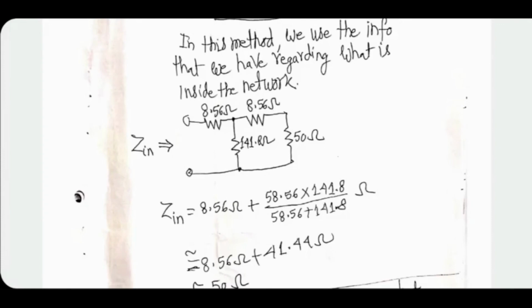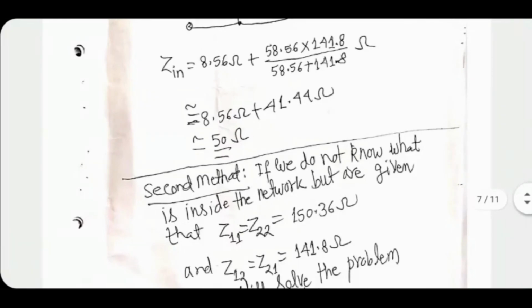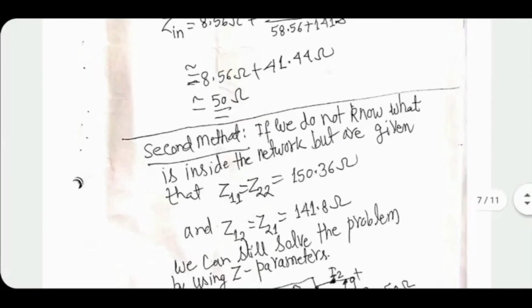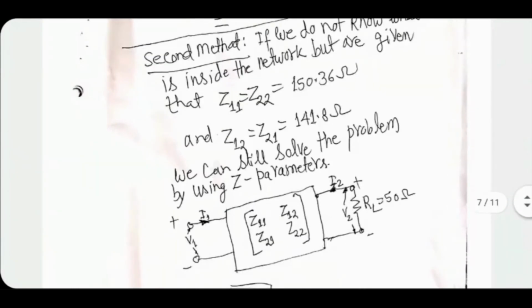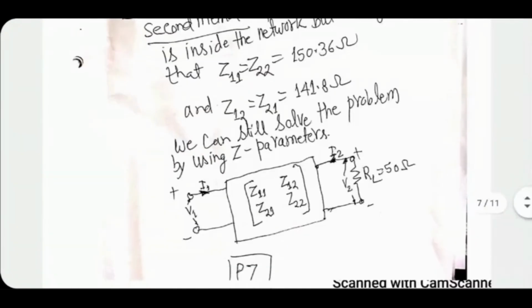Now suppose I didn't know what is inside. Then what would I do? But I know Z11, Z22, Z21, and Z12 for sure. That's all I know. I do not know anything else about the component. Then I do this. I describe the behavior of the component using this black box representation.